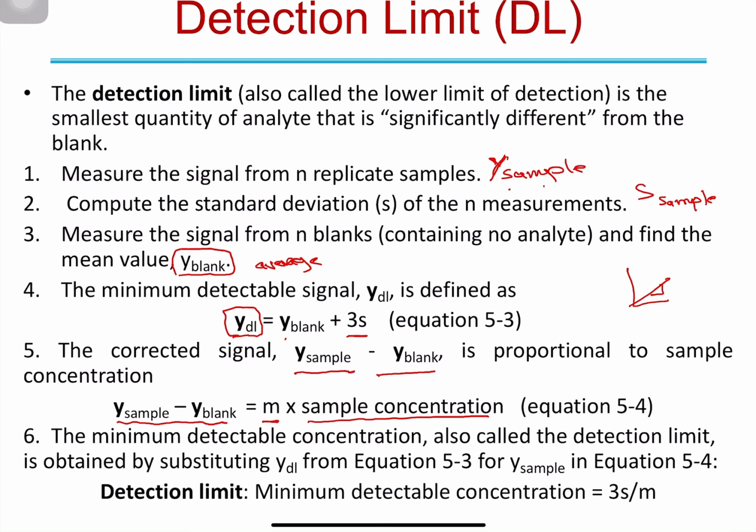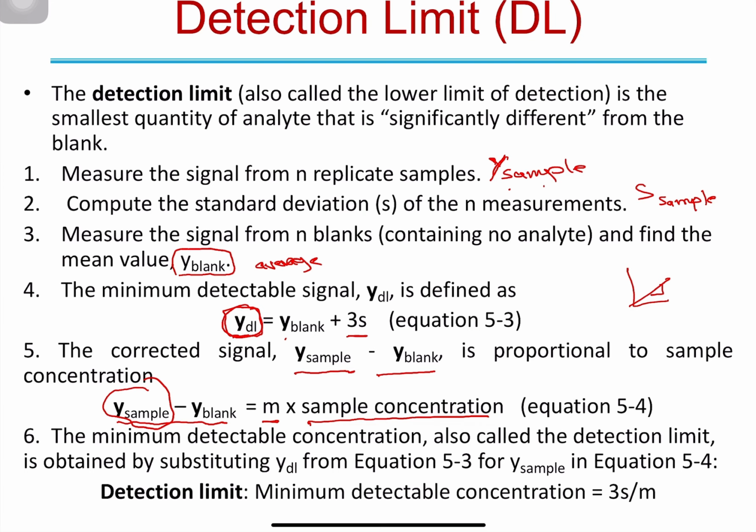So now we need to find the minimum detectable concentration, or the detection limit. If we replace the Y sample here with YDL, then the sample concentration will be the minimum detectable concentration, the detection limit.